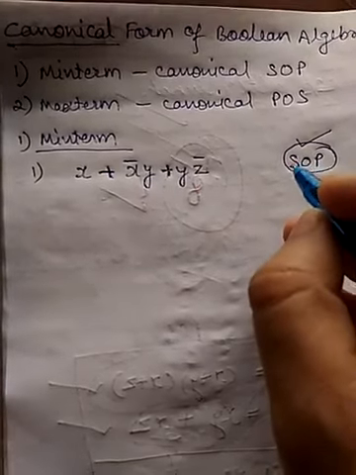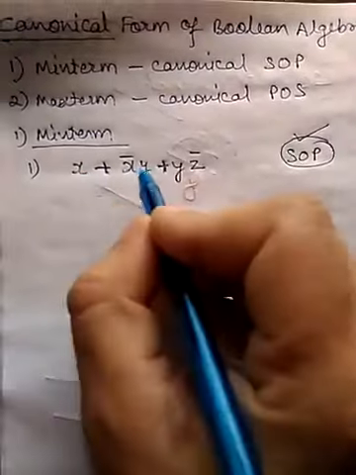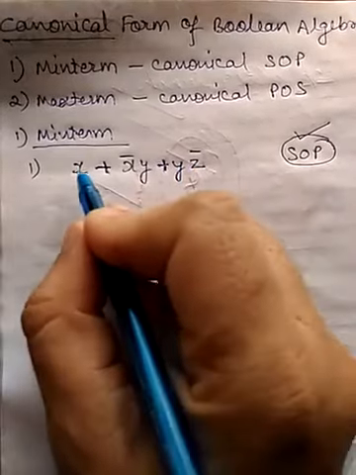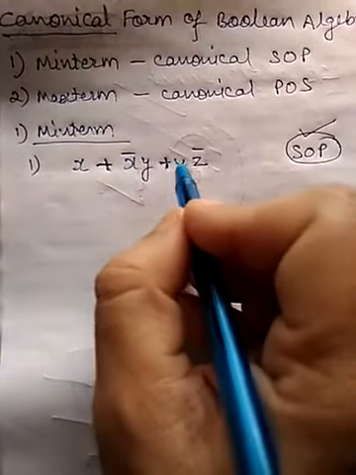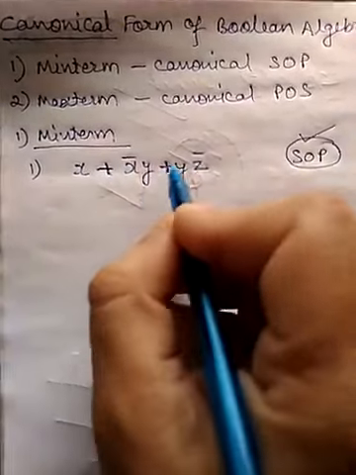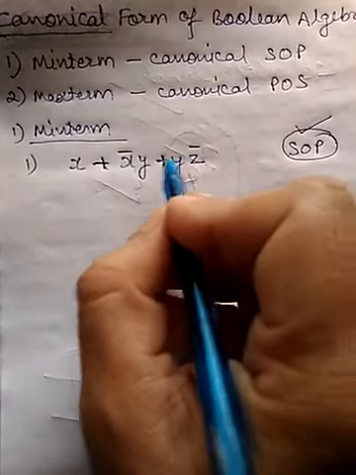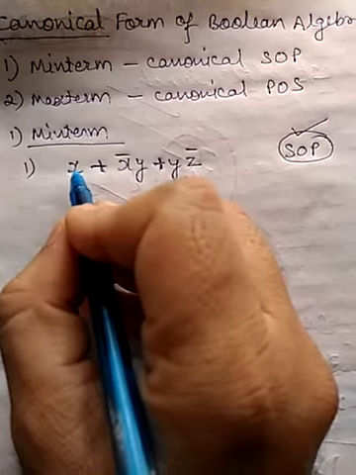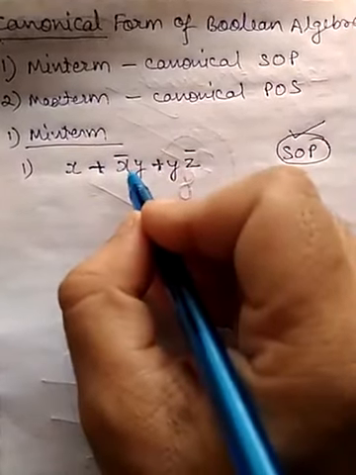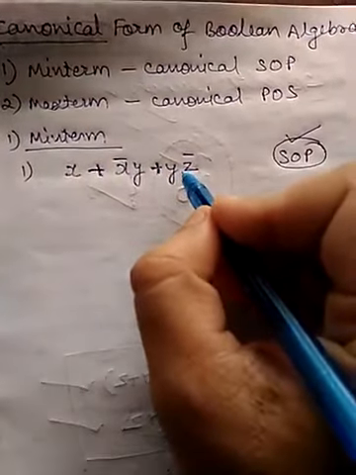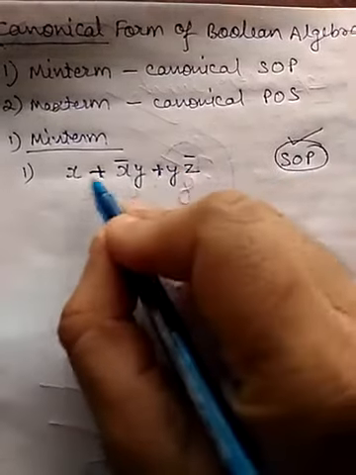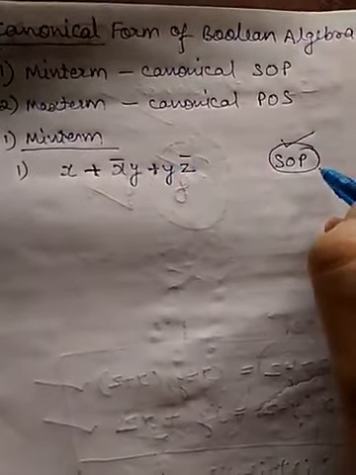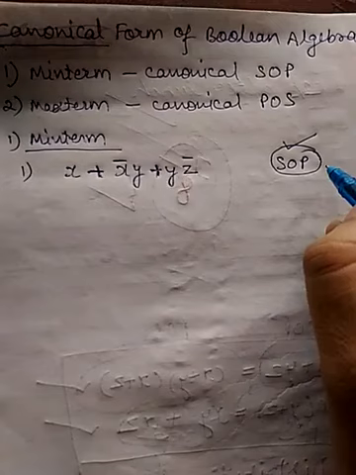Because a canonical function says that all the terms of the function must contain all the variables. For example, in this function there are three variables x, y, z. This term is not having y and z, this term is not having z, and this term is not having x. That's why this is in the standard form, but this is not in the canonical form.